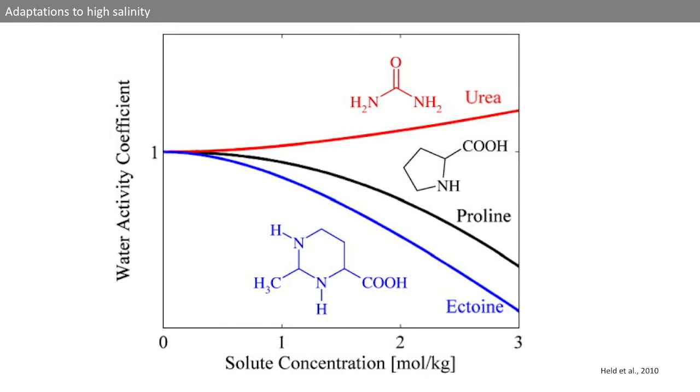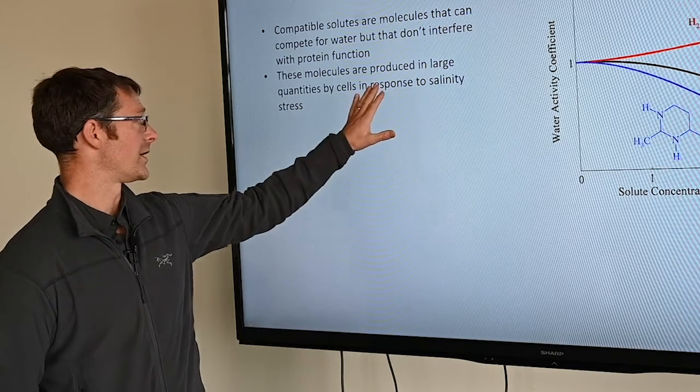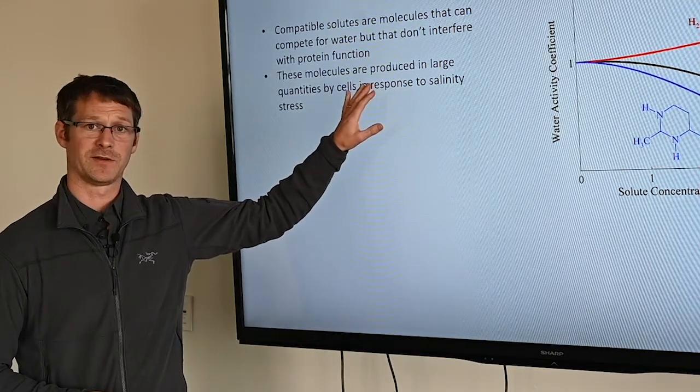The lower the water activity, the more tightly bound that water is to a compound. And here we have the concentration of those two solutes. So as the cell stockpiles those solutes, the ability of the water to leave that cell and move across the membrane to the external environment greatly decreases. These molecules are produced in very large quantities by cells in response to salinity stress.